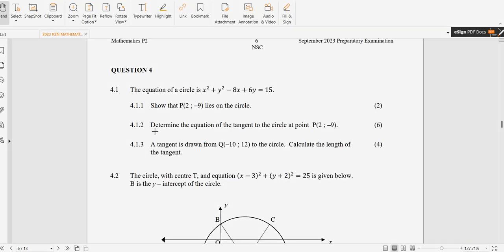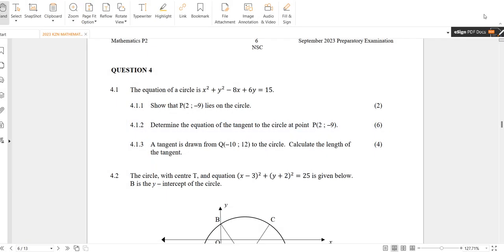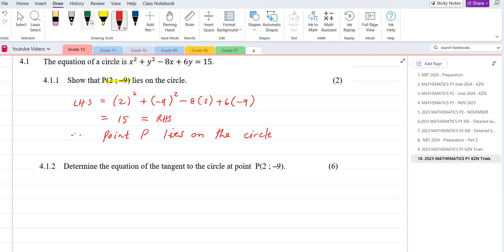Determine the equation of the tangent to the circle at the point P, which is (2, -9). Now in order to solve that problem, we need center radius form, right? So we're going to look at the equation of the circle first, which is x squared plus y squared. I'm rewriting the equation of the circle in center radius form, CR form, right?